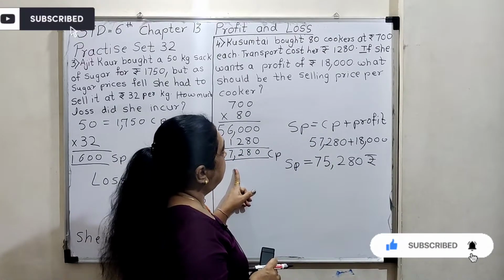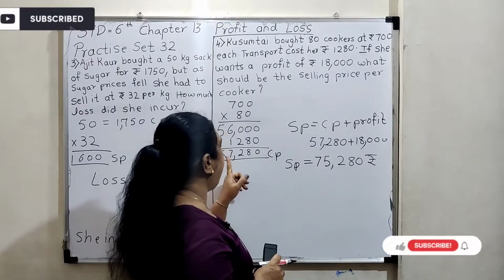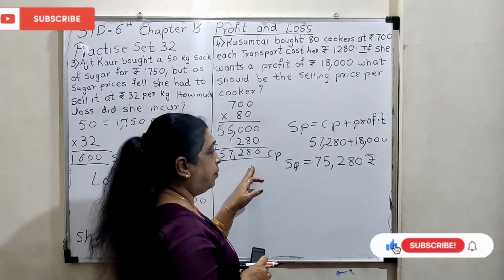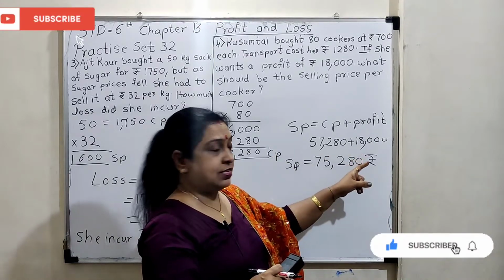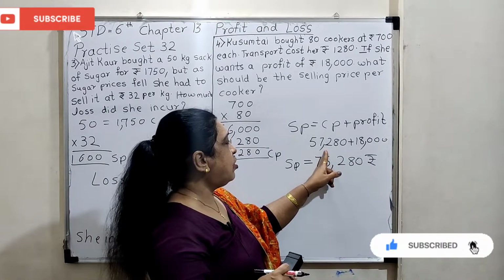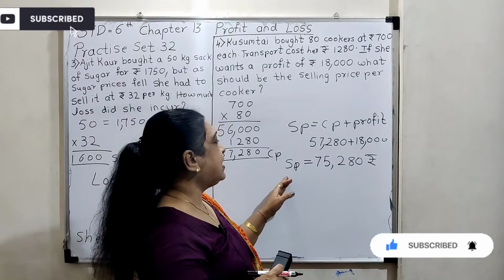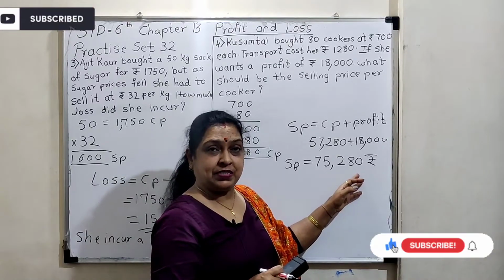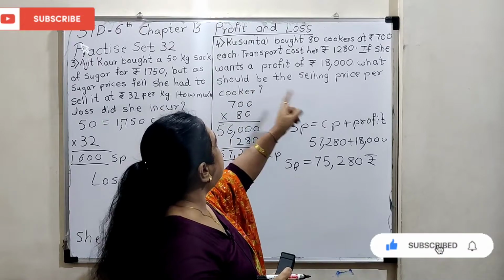See, he has spent this much money, and transport charges also he had added, and the cost price is 57,280. But he has told that he wants a profit of 18,000. So when we add cost price plus this 18,000 profit, we get the selling price. The selling price is 75,280 rupees. But what should be the selling price per cooker?